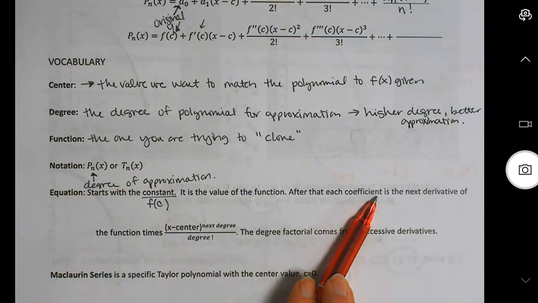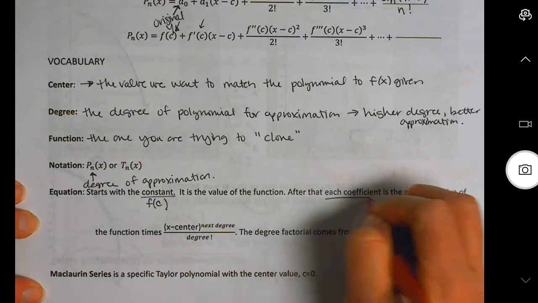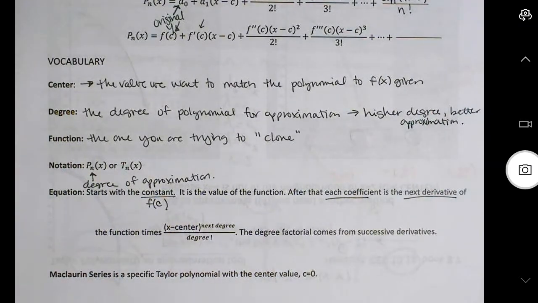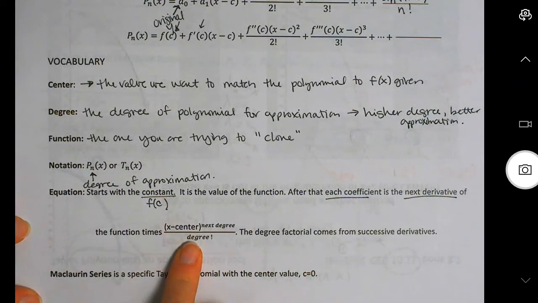After that, each coefficient is the next derivative. I'm just saying that again because we haven't done that yet and it may not be familiar to you. And then it's going to be multiplied by x minus the center because that's the shift. We're not doing 0 necessarily all the time. And then the next degree over that degree.